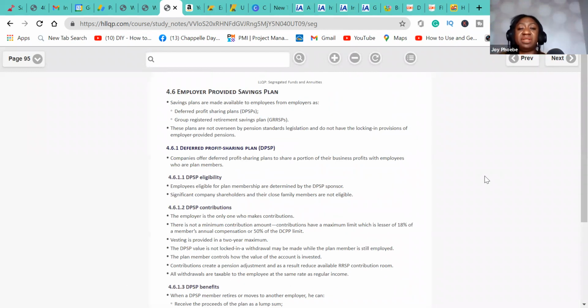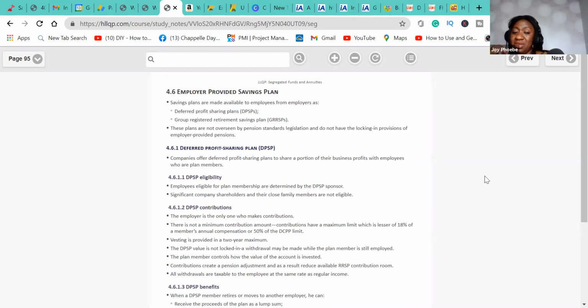Employer provided savings plans. Okay, so the ones we've seen so far are employer provided retirement plans. Remember, the employer provided retirement plans are the defined benefit pension plan, defined contribution pension plan, and pooled registered pension plan.